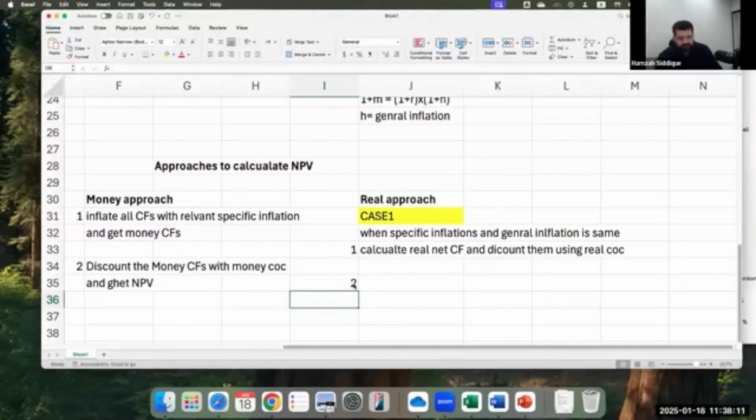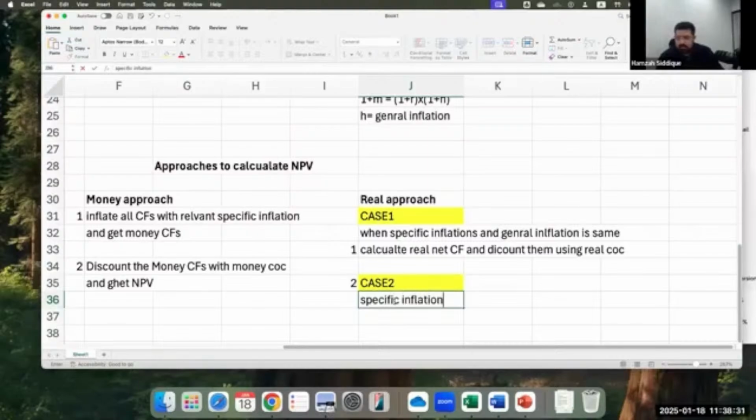Second, the next point is, there may be the case, which is case two, that real specific inflation and general inflation is different.